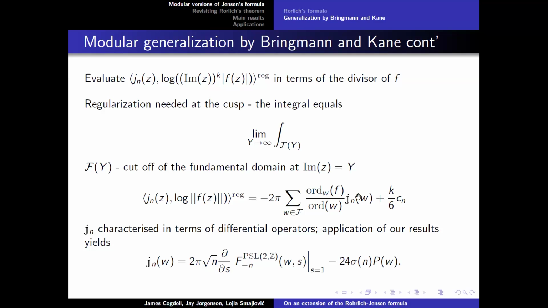But actually, one can show, and we did in this paper, that this Jn of w is just the derivative of the Niebur-Poincaré series, which I will also discuss in more detail later. So it's the derivative of the Niebur-Poincaré series at s equals 1, minus the sum of divisors function times the same Kronecker limit function P of w.